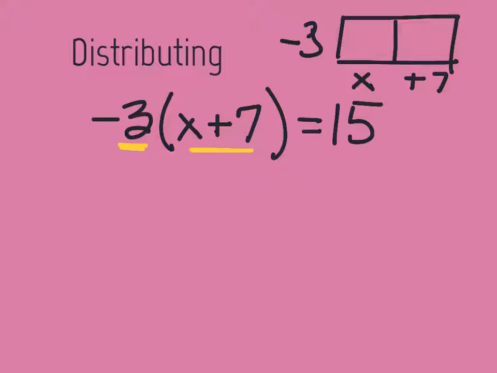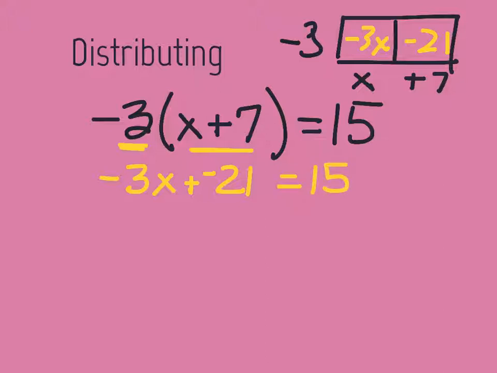So negative 3 times x here is negative 3x, and negative 3 times 7 is negative 21. So this distributed is negative 3x. And a lot of you don't like subtraction, so let's just write it as plus a negative 21, making it a little easier to see what's going on.